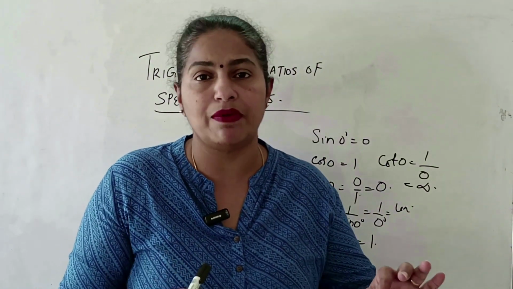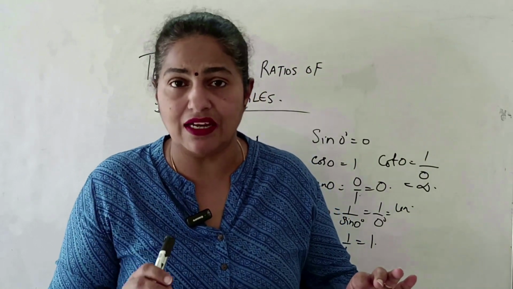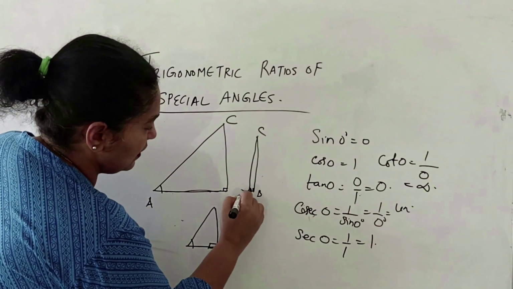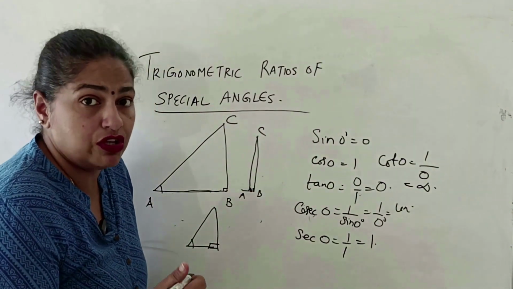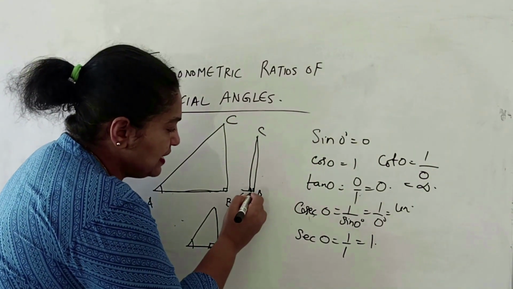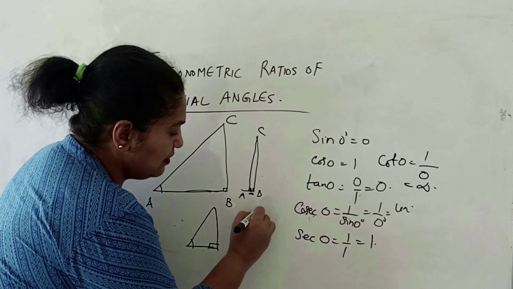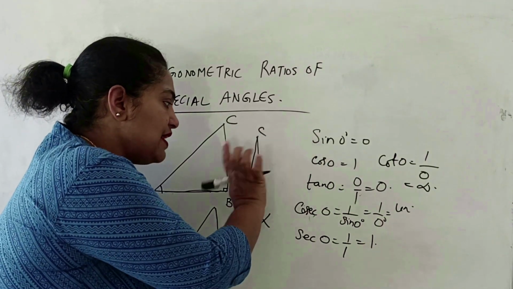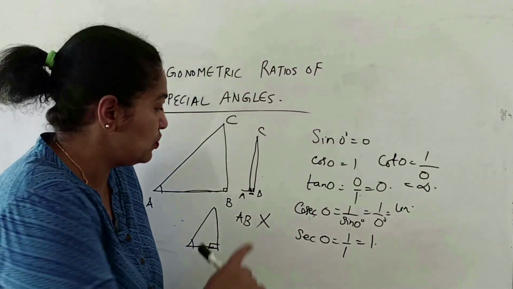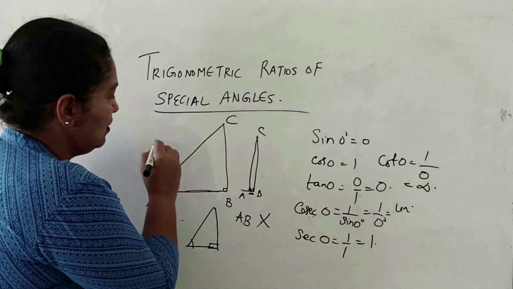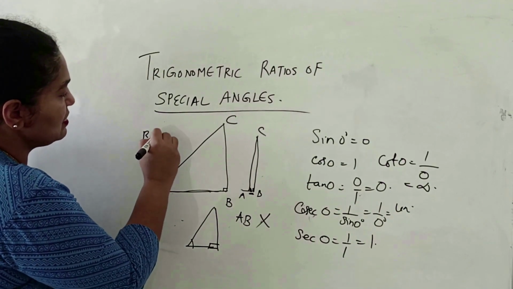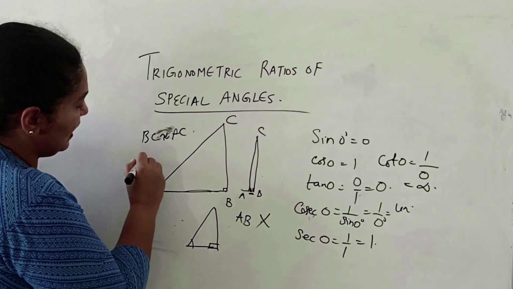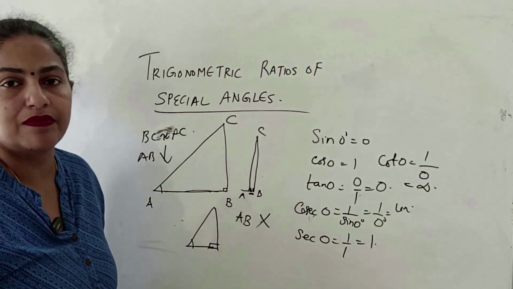Now let us see what happens to the opposite side and the adjacent side. Again, if angle A moves closer to angle B, you can see that AB collapses, and AC falls into BC so that BC becomes approximately equal to AC and AB collapses.